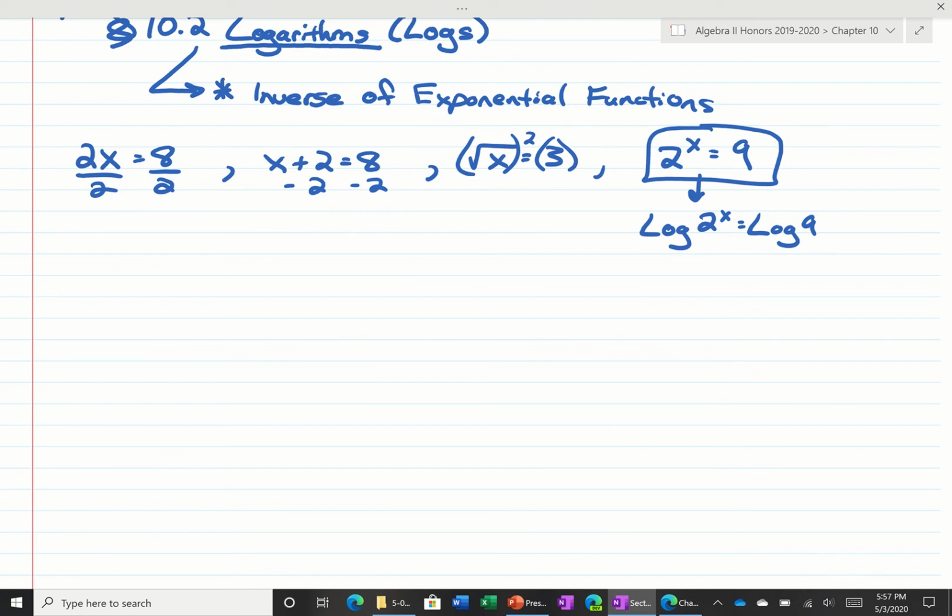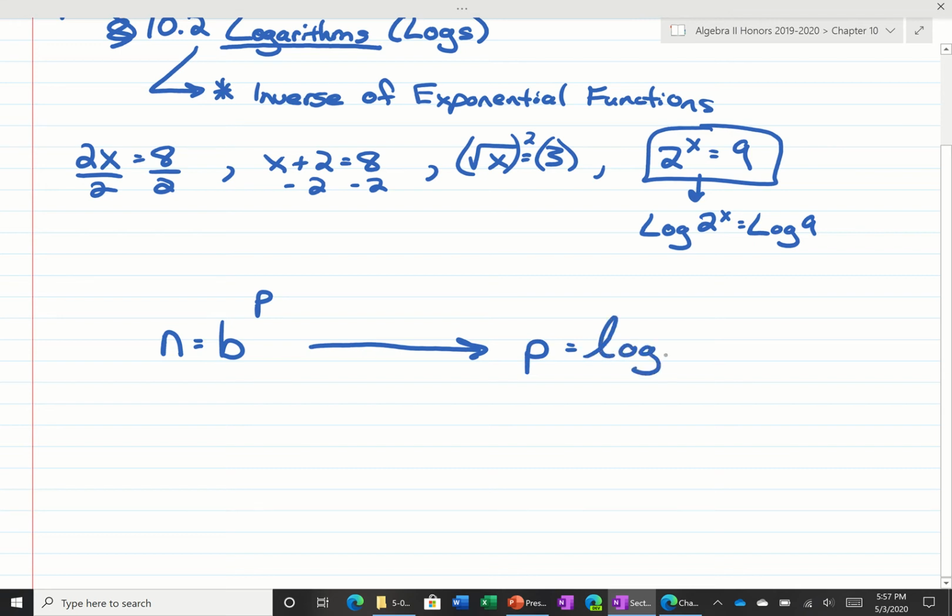Now, in order to get started, let's just go over some basics. If I wrote an exponential equation like n is equal to b to the p power, where b is the base and p is the exponent, using logarithms, I could write that the exponent is equal to the log base b of n.